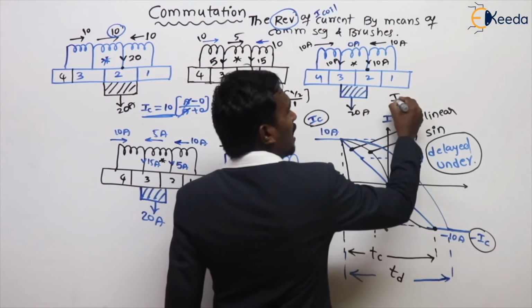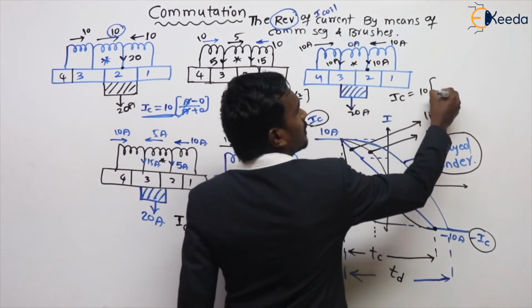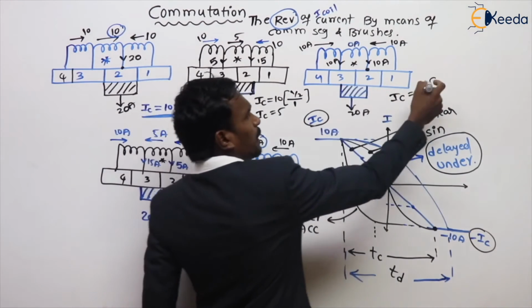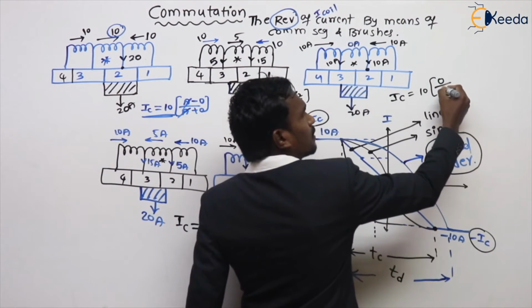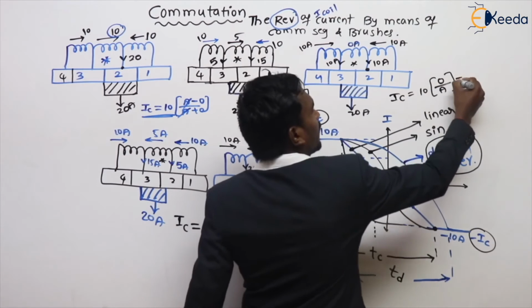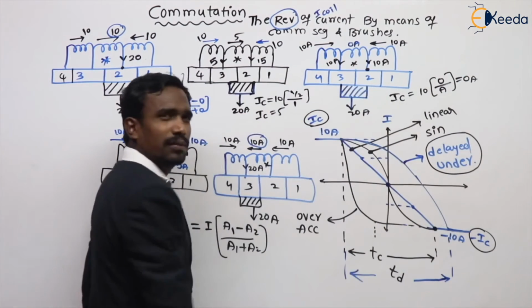And what about here? IC is equal to 10 amperes times area of the first one 50% minus 50%, which is 0. Zero times anything is 0 amperes in this coil.